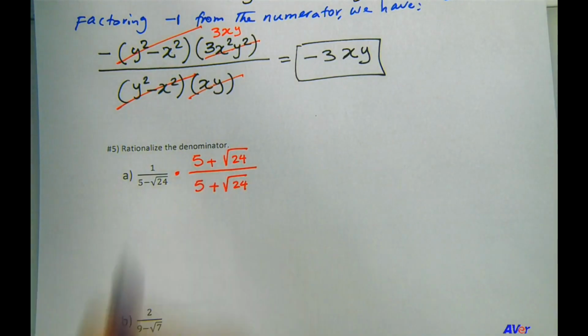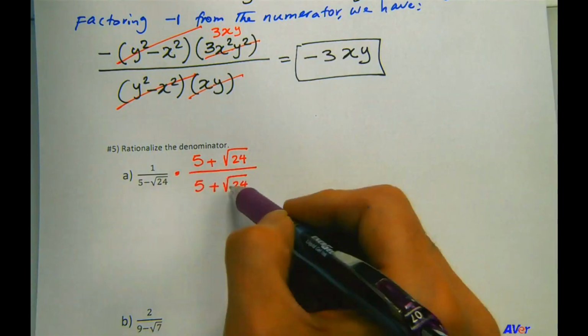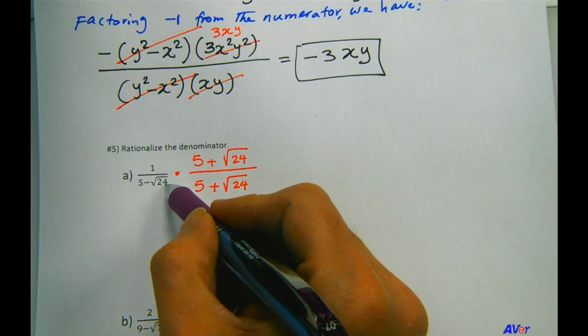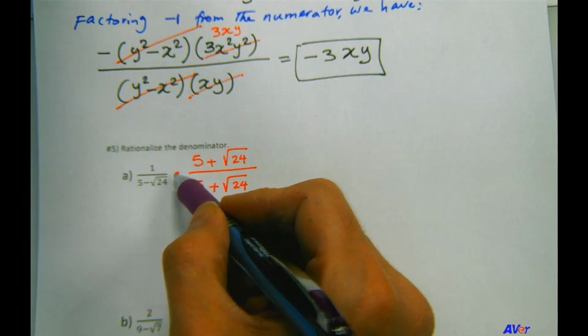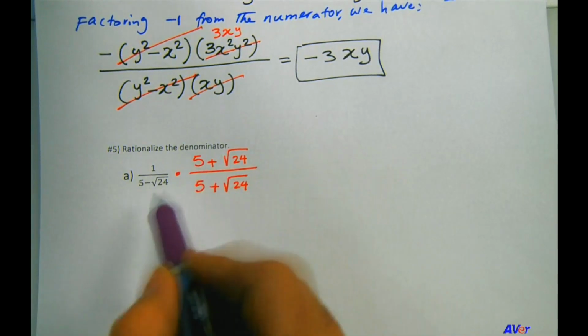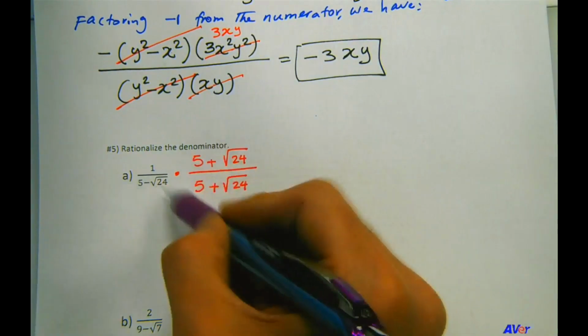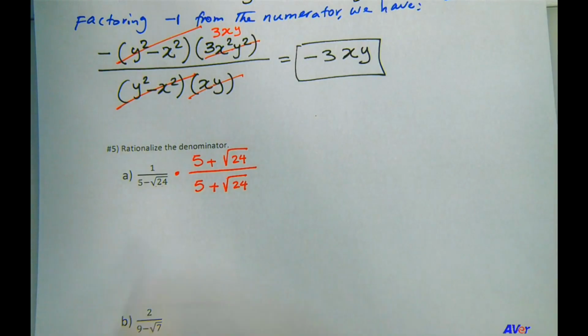Why are we doing this? Because to get rid of the radical, you must convert this term to a perfect square. Because if you have square root of 24 squared, then you will end up with 24. But you want to do this in a way such that you don't end up with another radical expression.